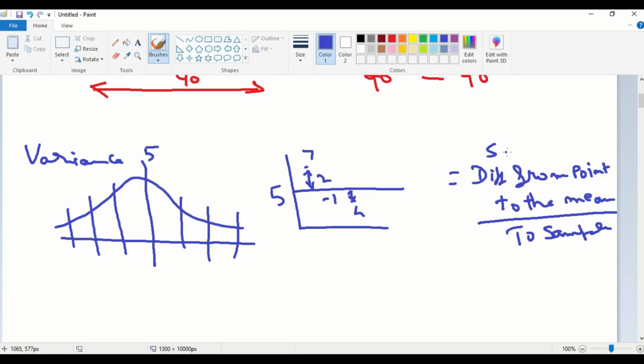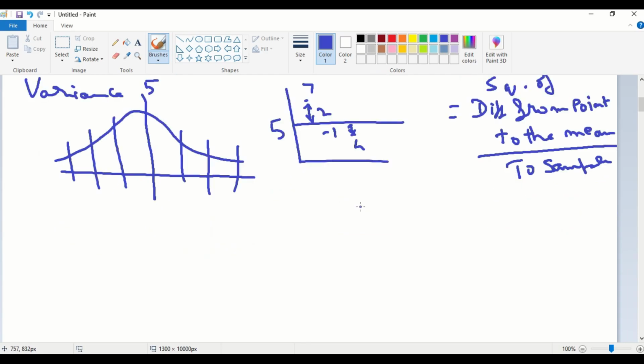So we have to square it. Square of difference from the points to the mean by total sample size. Variance is nothing but a distribution of total sample. To be more simple, we have already seen standard deviation. Standard deviation is square root of variance.